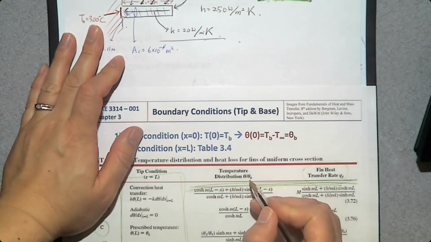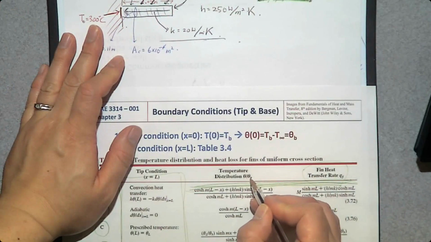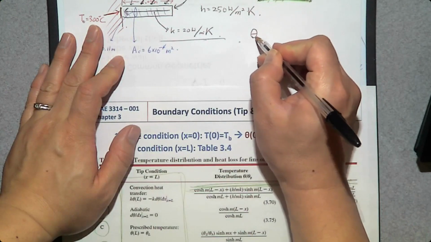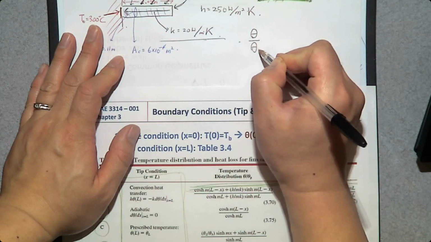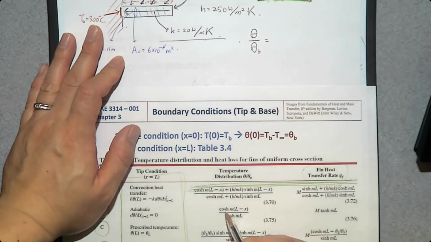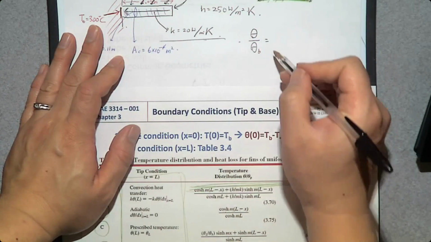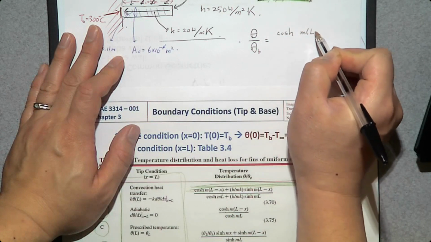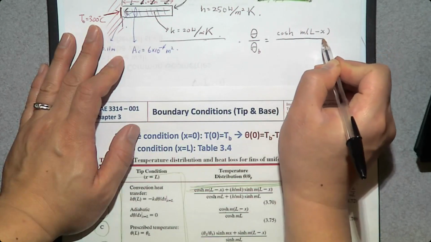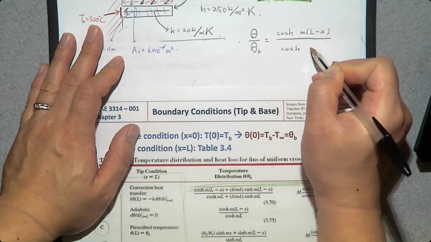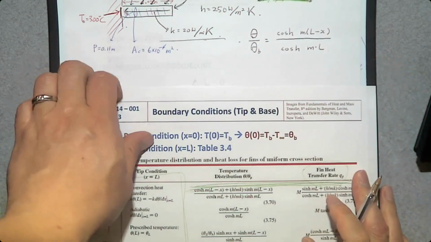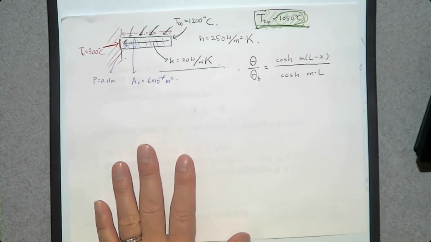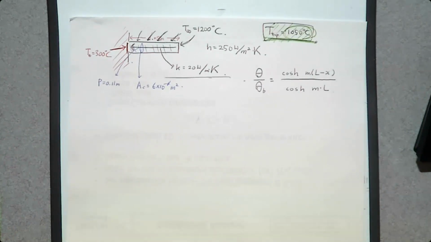Then what is the temperature distribution? Theta over theta B is going to be hyperbolic cosine, cosh, m times (L minus x), divided by cosh, m times L. If you look at this equation, the first thing you may want to ask is, what is theta?